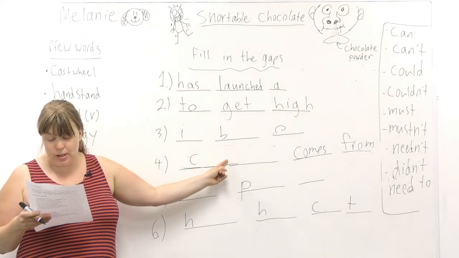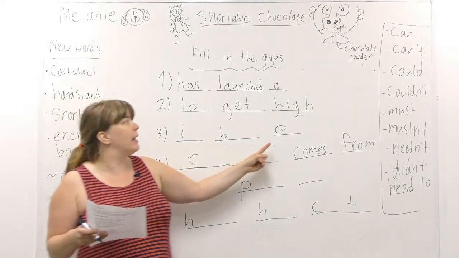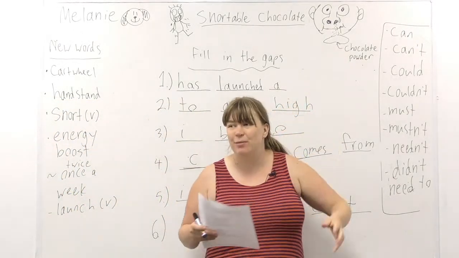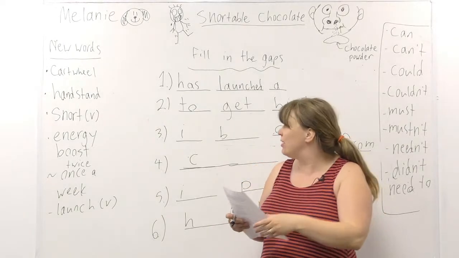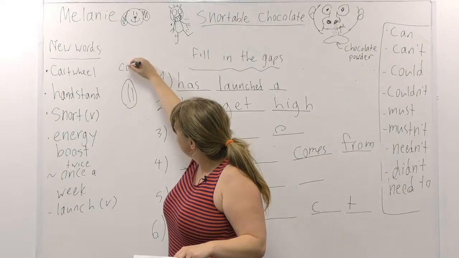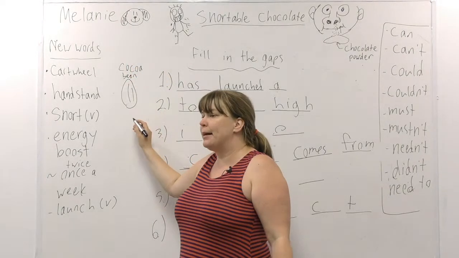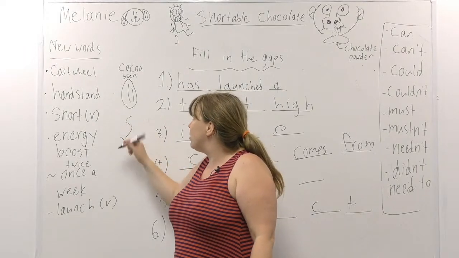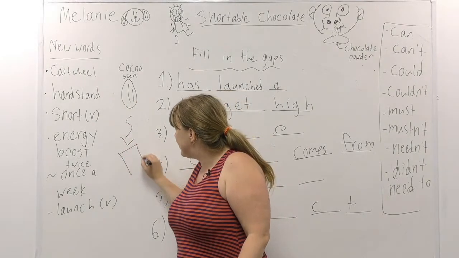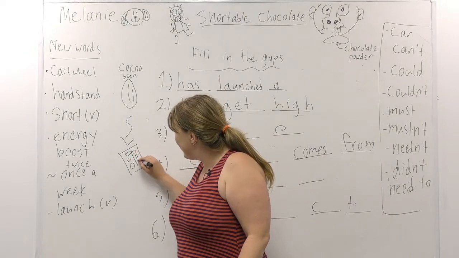Okay, so the raw cocoa bean, which is where, what's the stuff we like to eat called? So this is a cocoa bean. Not a very good drawing of a cocoa bean, but a cocoa bean turns into eventually, what do we call this?